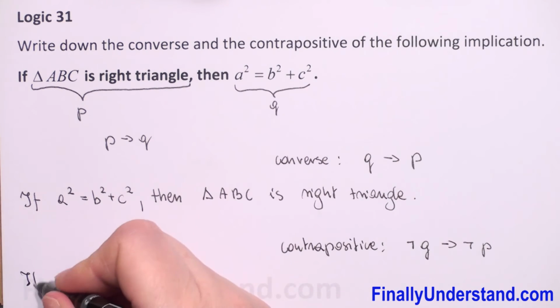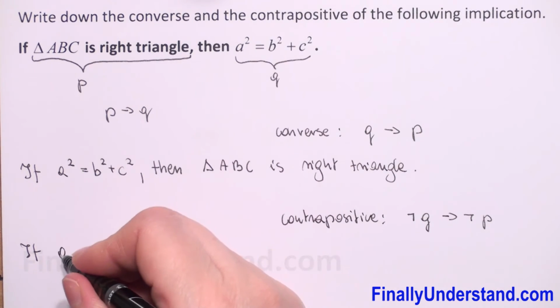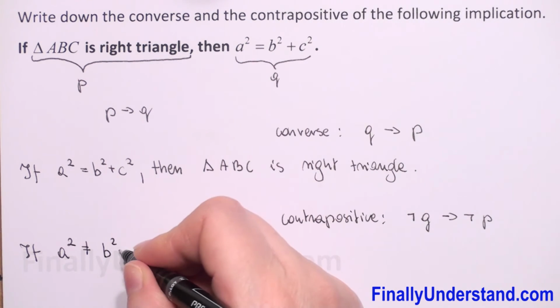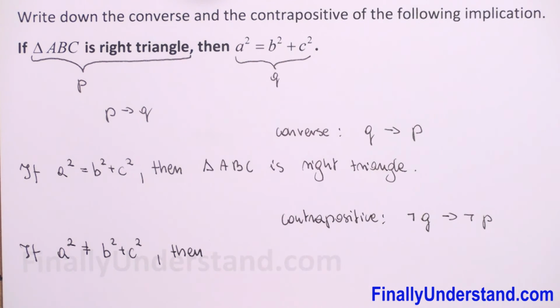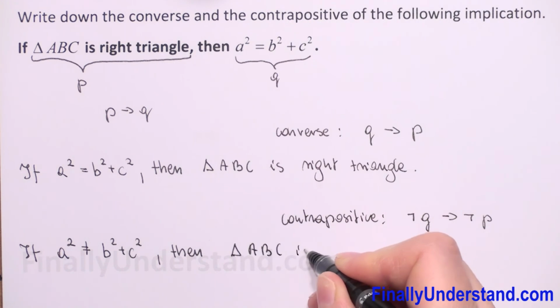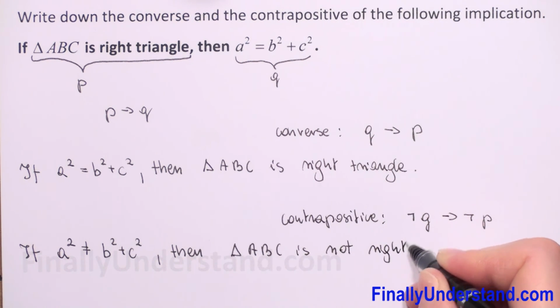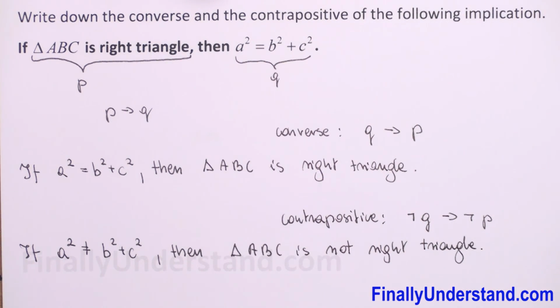So we have if negation of equation will be a square is different than b square plus c square, then negation of triangle ABC is right triangle will be triangle ABC is not right triangle. This is my solution.